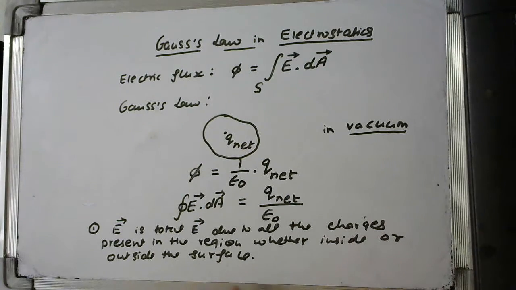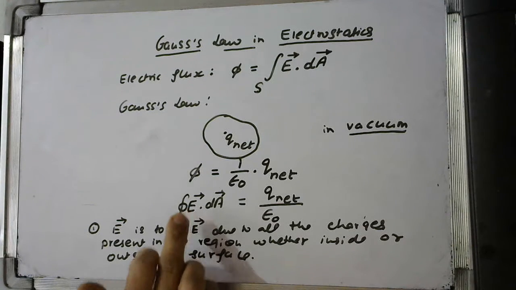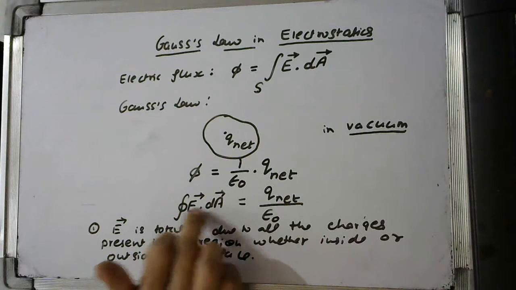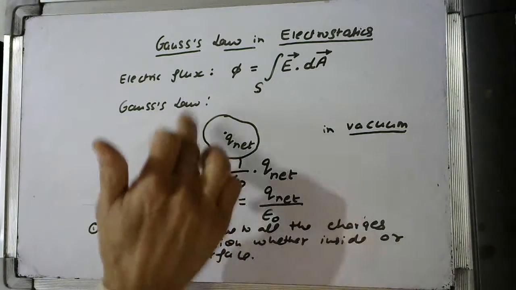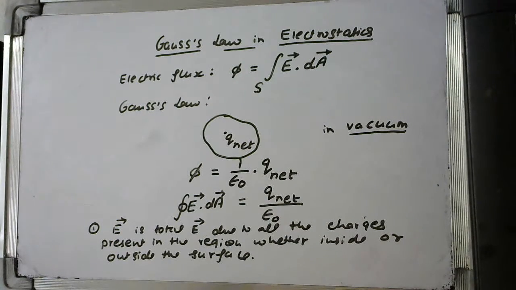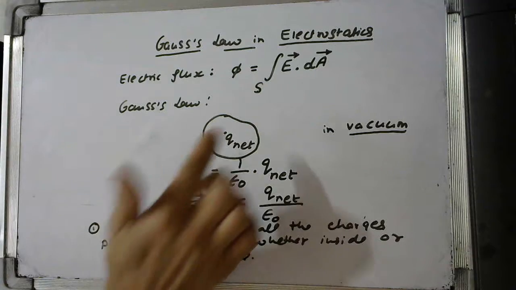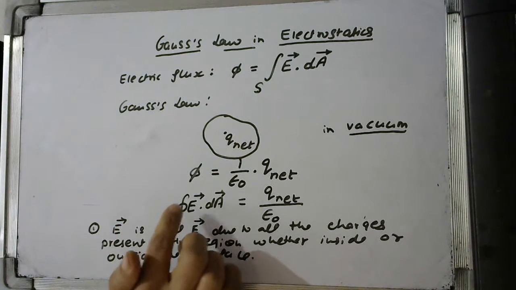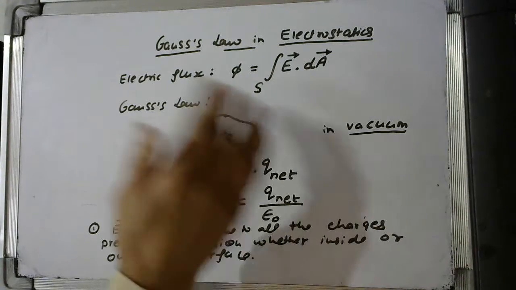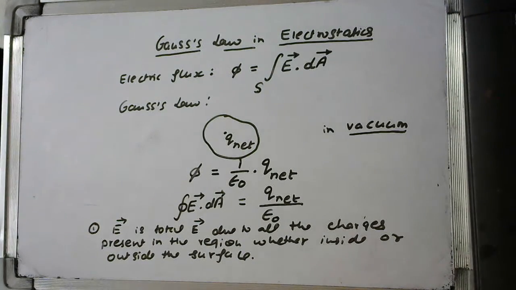Now, students sometimes begin to believe that the electric field whose surface integral is being evaluated, or flux through the Gaussian surface, is also only due to charges inside the surface, but actually, according to Gauss's law, it is the net electric field due to all the charges present in the region.